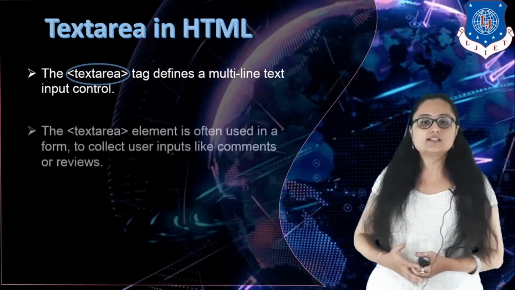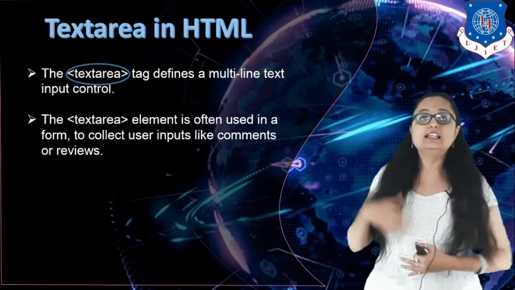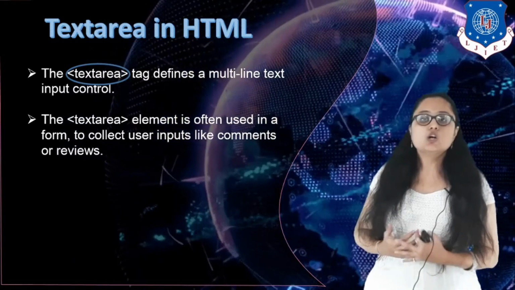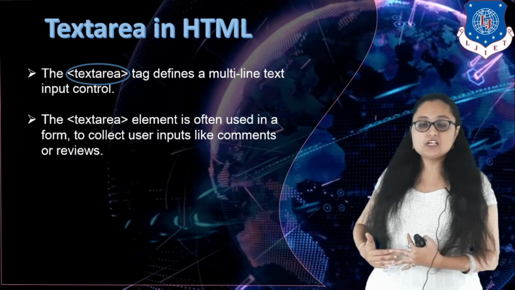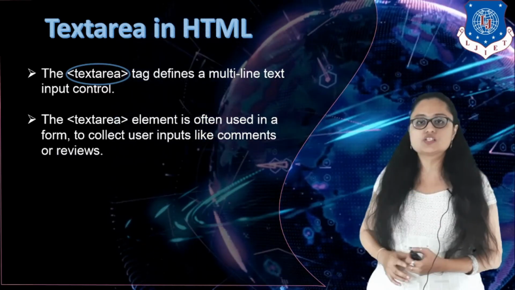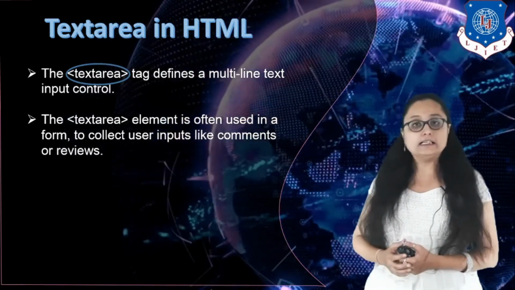So there are some cases in which you are collecting user inputs like comments, reviews, right? So whenever you have multi-line text input, then you can use text area, because a normal text box will have limited space to write the whole content in it.